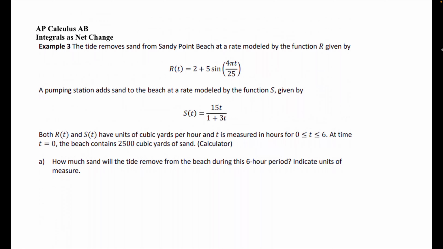If you guys have been to the ocean, it kind of pulls you into the water. It does the same thing with sand. So how fast is sand going away into the ocean? R of t. That's the equation we would use. That's the rate, right? So let's write this down. This is a rate. It's not total, it's a rate.